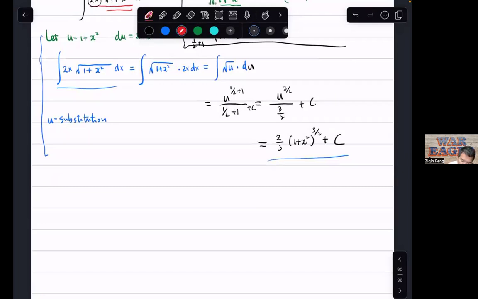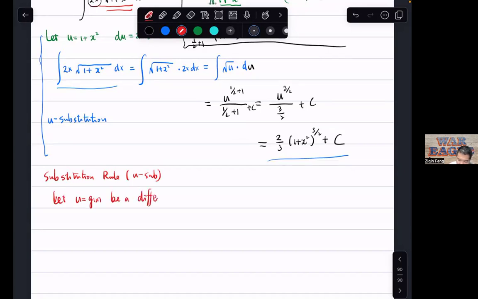So this is called the substitution rule, which is also called u-sub, right? And we let u equal to g of x be a differentiable function.